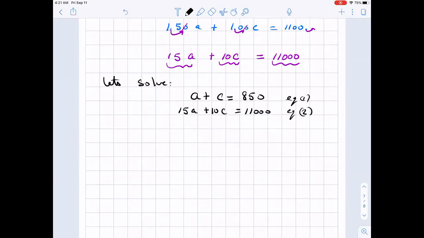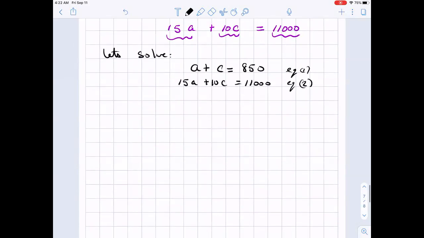So we can multiply equation 1 by -10 and multiply the second equation just by 1, as we discussed when we did solving equations. One of them has to be a negative, so -10.